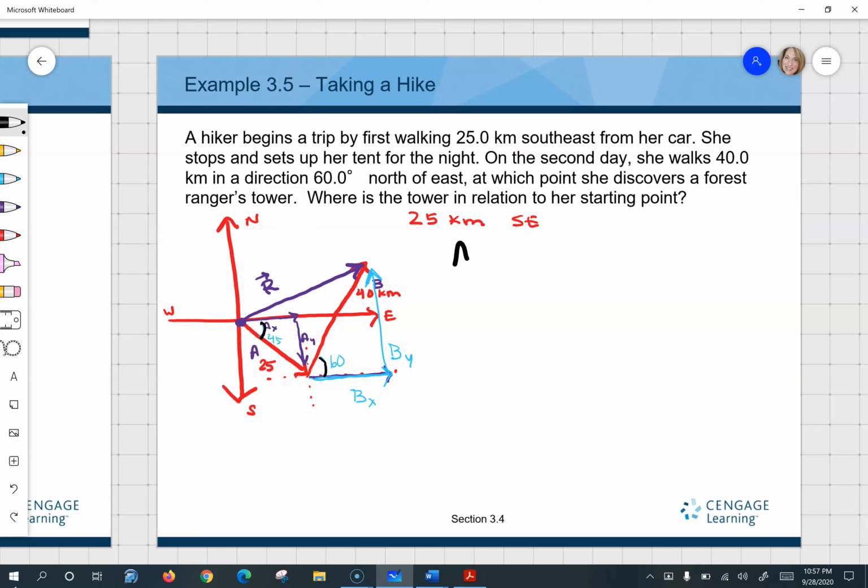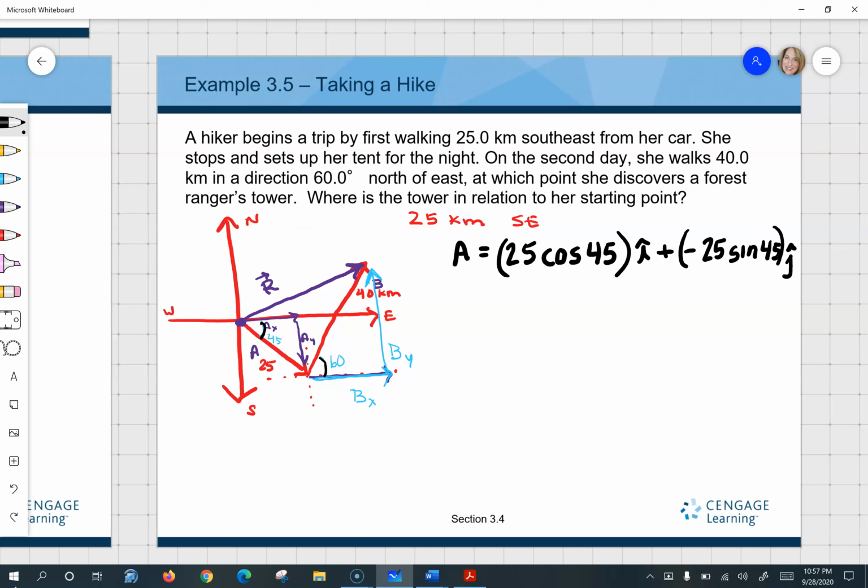You can say, well, vector A is going to be the magnitude of vector A, which is 25, cosine 45. That is in the i hat direction. And then for that, we go down, so that's going to be a negative 25 sine 45. And that's in the j hat direction.